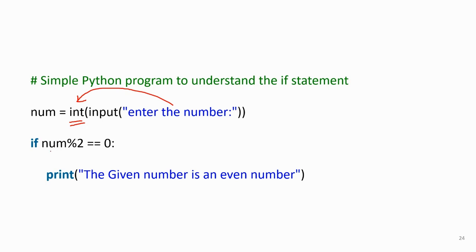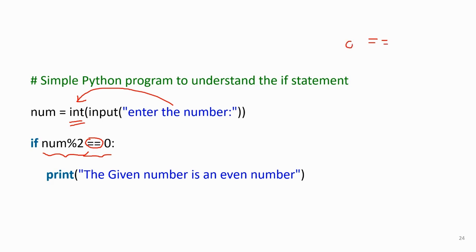Now assume this is the condition: if num percentage 2 equal to 0. Sorry, num modulo 2 is equal to 0. So what is this double equal to? Double equal to means it is equal to.